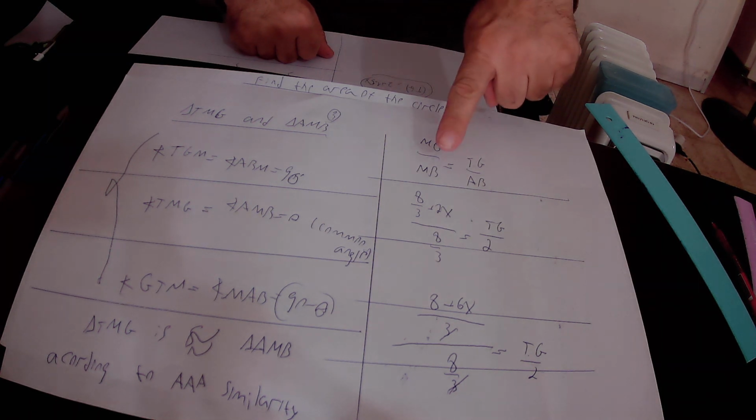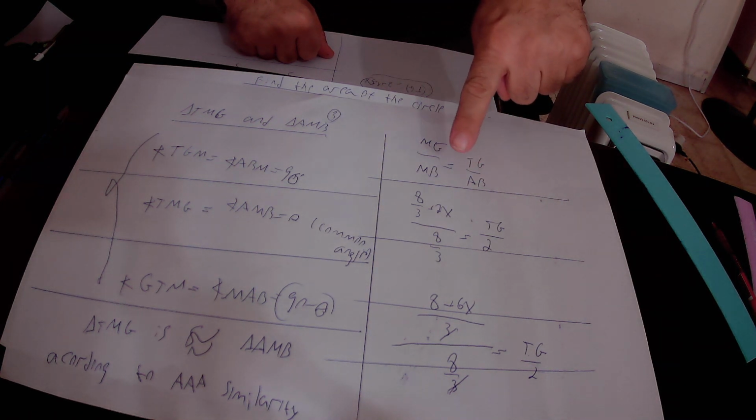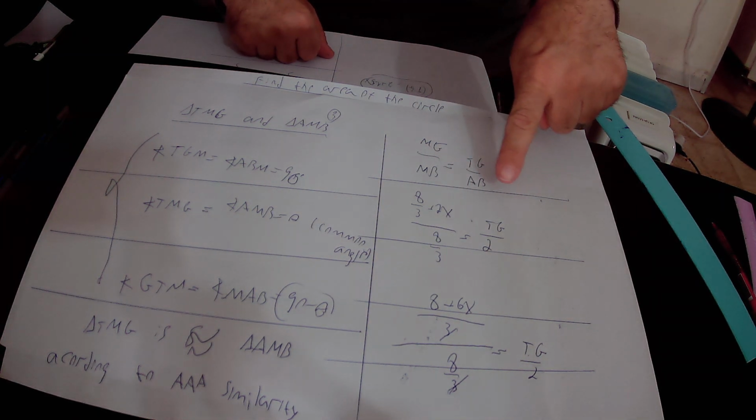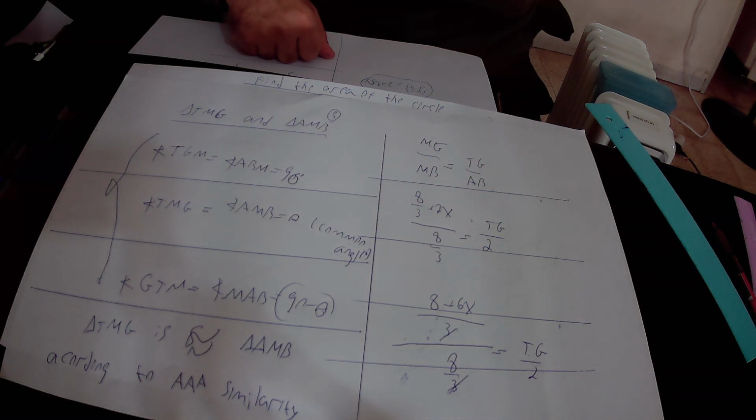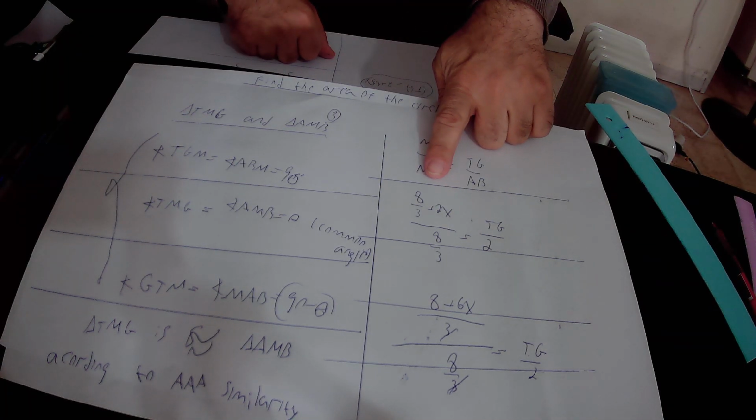Here MG is 8 over 3 plus 2x, MB is 8 over 3, TG is unknown, and AB is 2. So we got this equation. Then we multiply 2x by 3 and divide by 3 in order to have a common factor with 8 over 3.